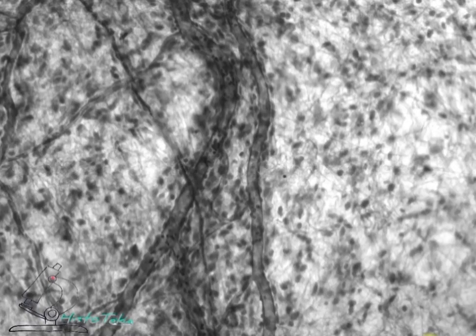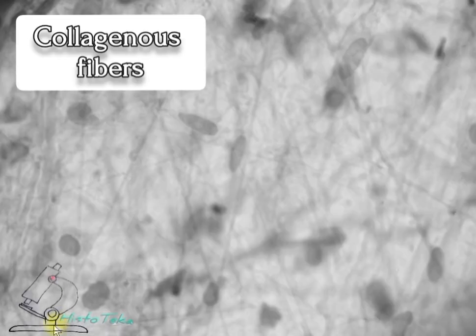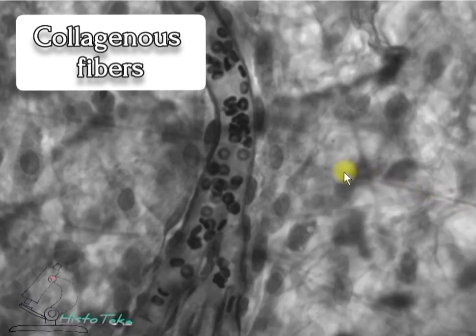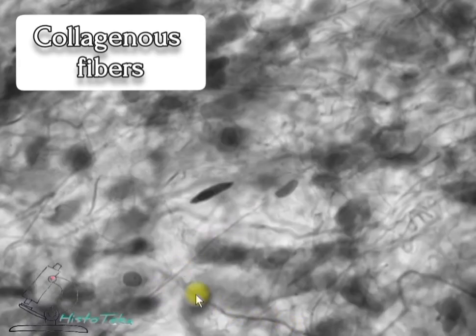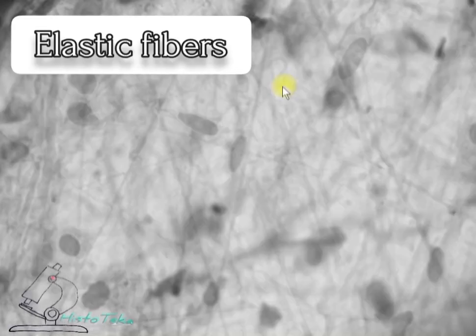So briefly, on this preparation it is necessary to determine the intercellular matrix, which includes ground substance, fibers, collagenous, and elastic.